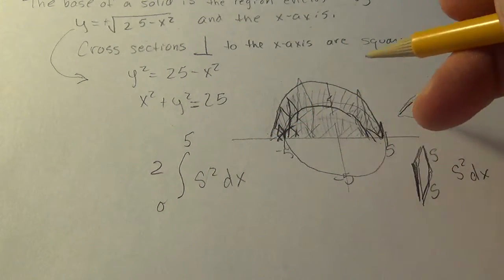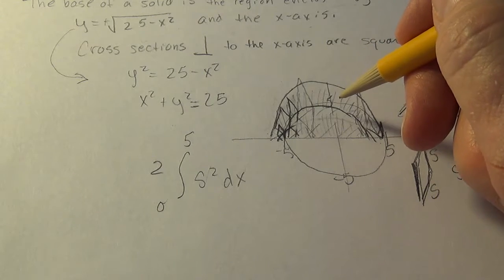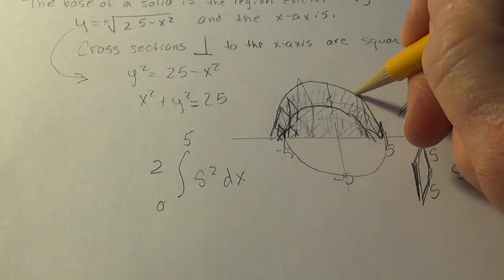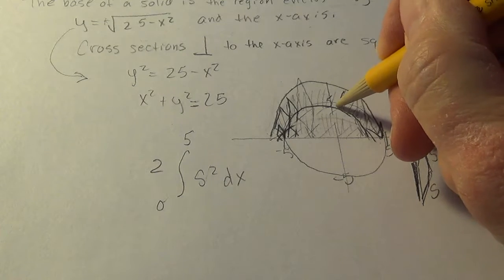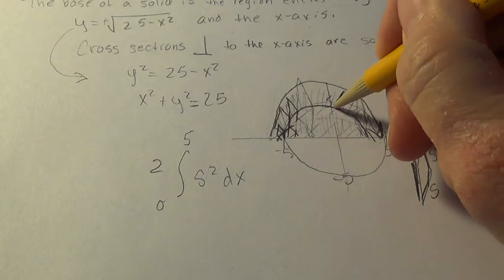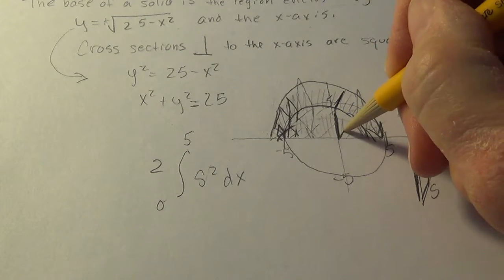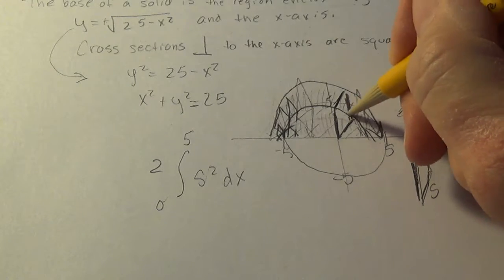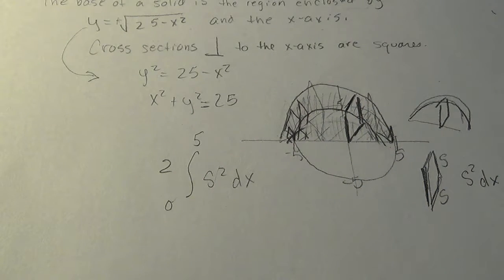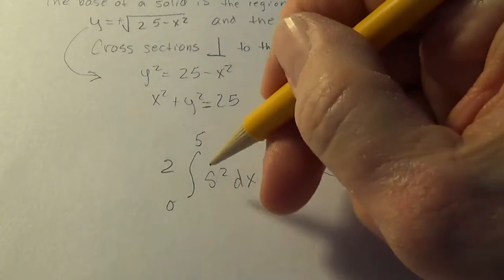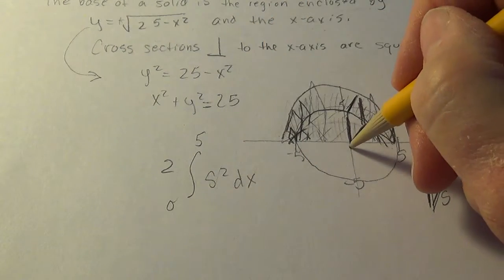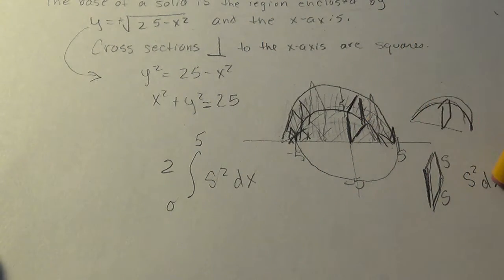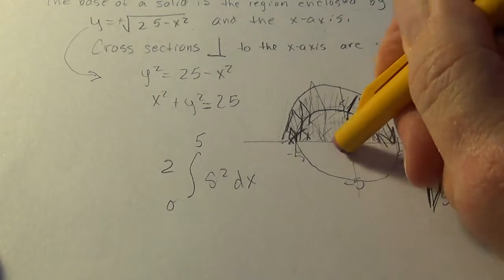So looking at this picture, let me pick one square. How about this one? Try to darken it. Alright, that's one of the squares, the one that's going to help me get the value in here. So I can see that the side of the square, actually I shouldn't have drawn it like that.